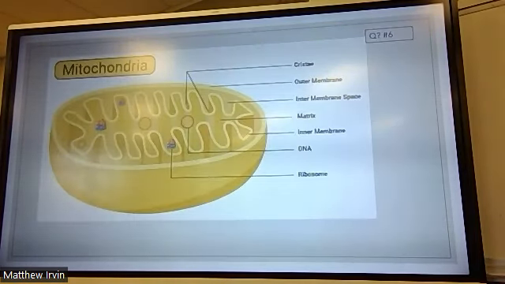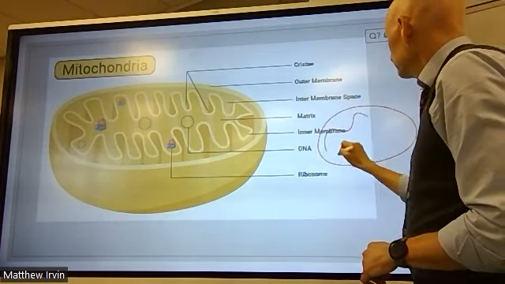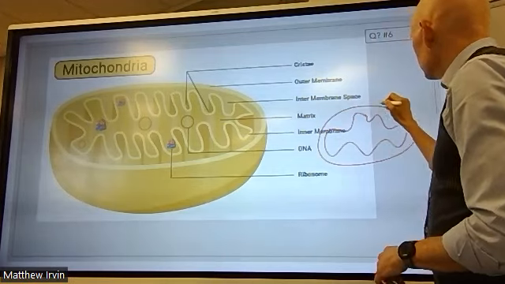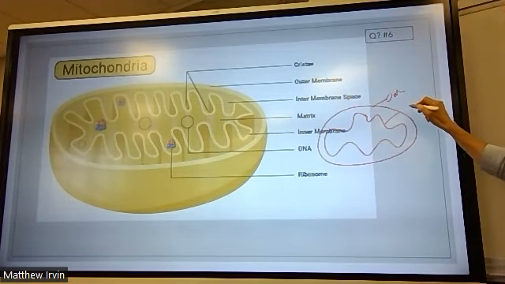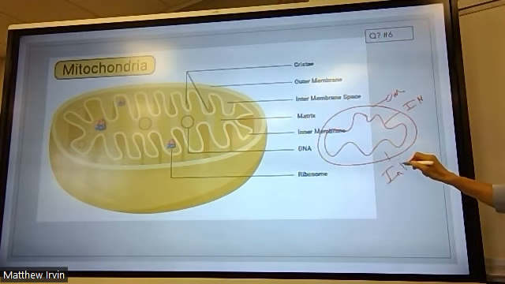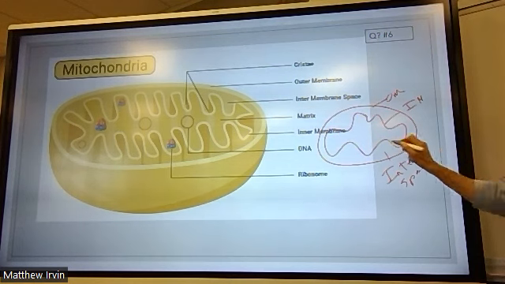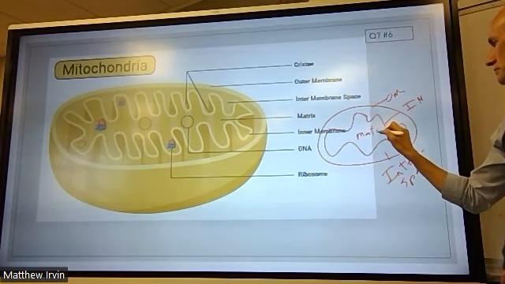All right, mitochondria, your simplified drawing. Outer membrane, inner membrane, intermembranous space, matrix.